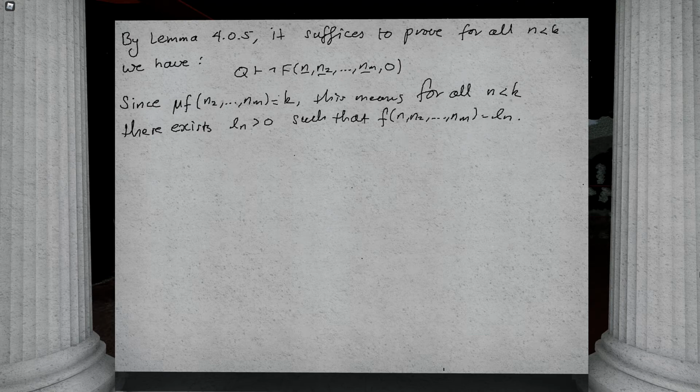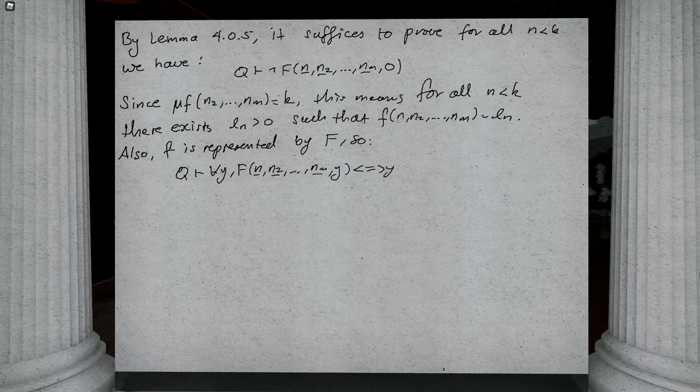Okay, it's also the case that f is represented by capital F. So I combine that fact with this fact. So also f is represented by capital F, and so what this means is that Q is able to prove for all y, f of N underline, N2 underline ... Nm underline, y, if and only if y is equal to Ln underline, right?